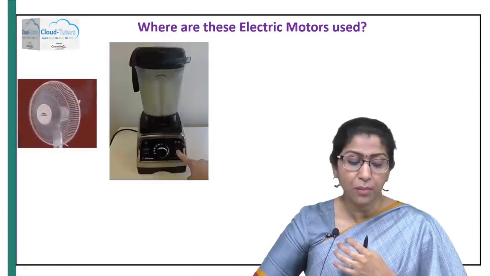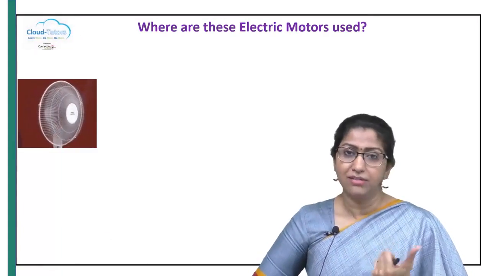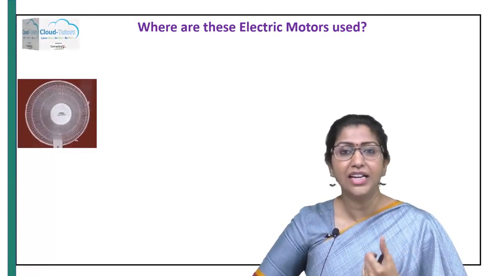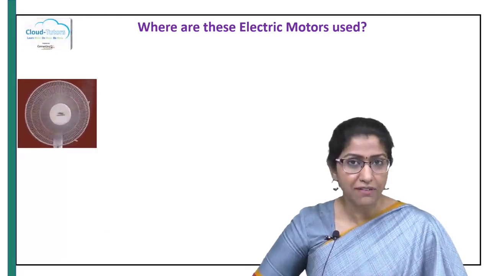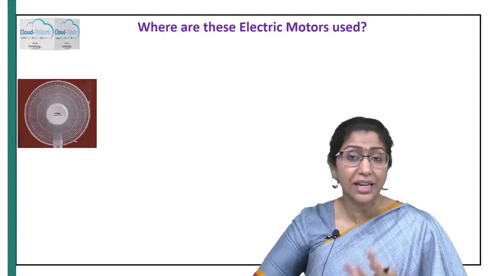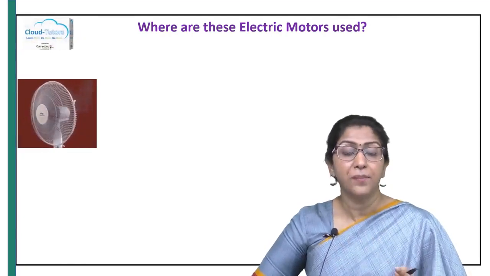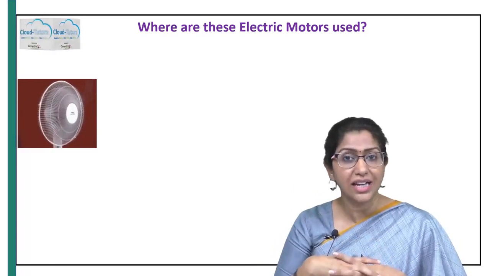So what are electric motors used for? One, that is a fan, an electric fan. I'm sure all of you use one at your home. This is a table fan shown in the picture, but there can be ceiling fans. There are many other forms of electrical fans or rotatory objects that we use in our daily lives.